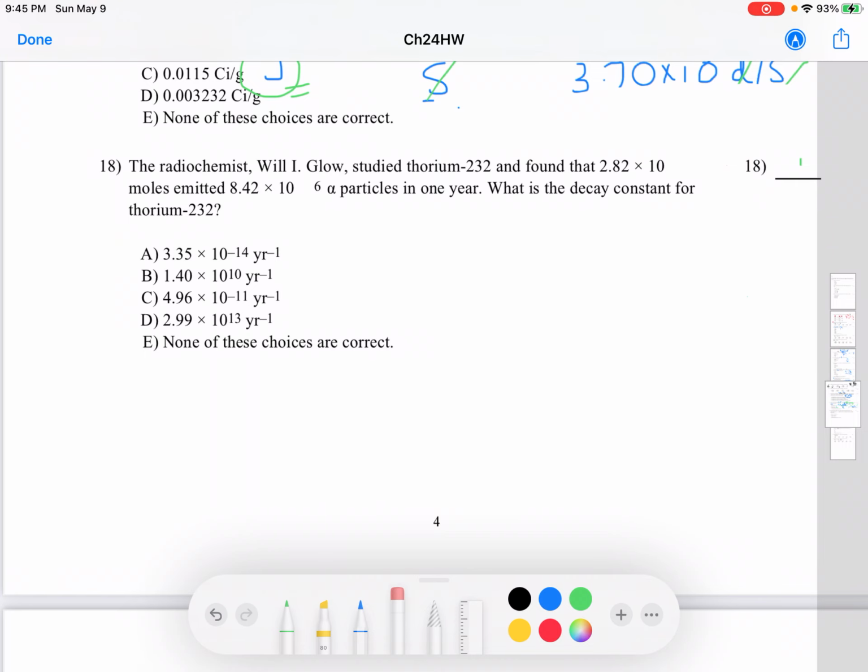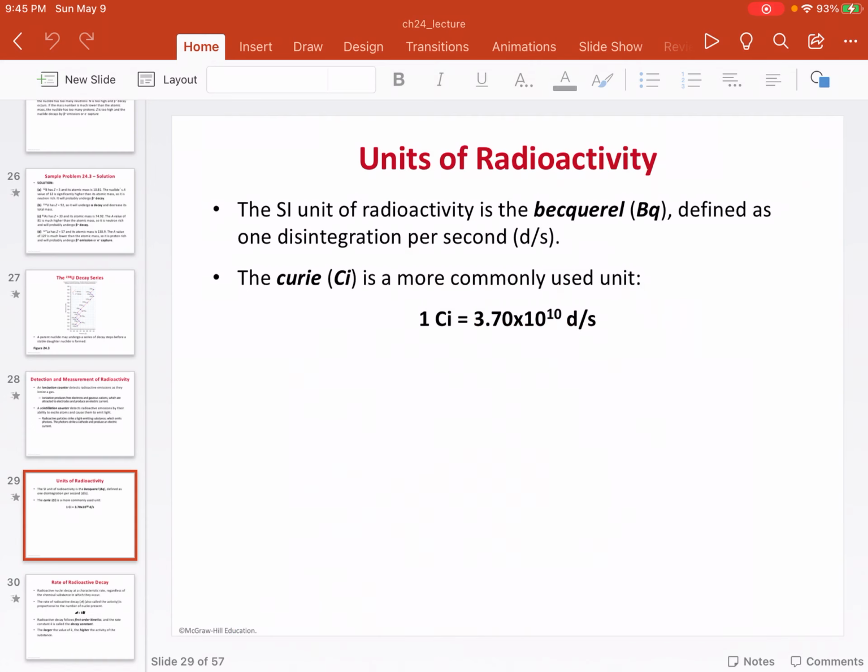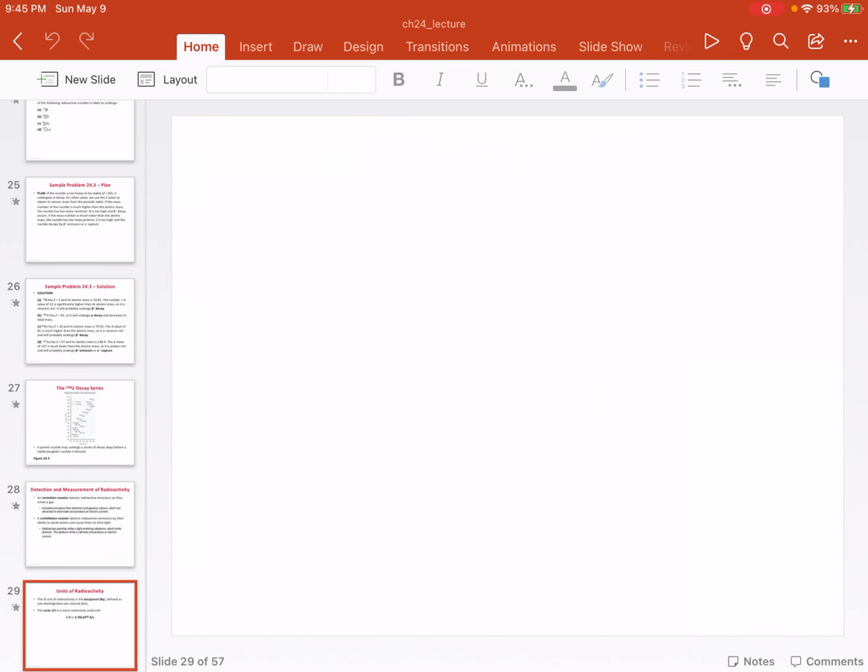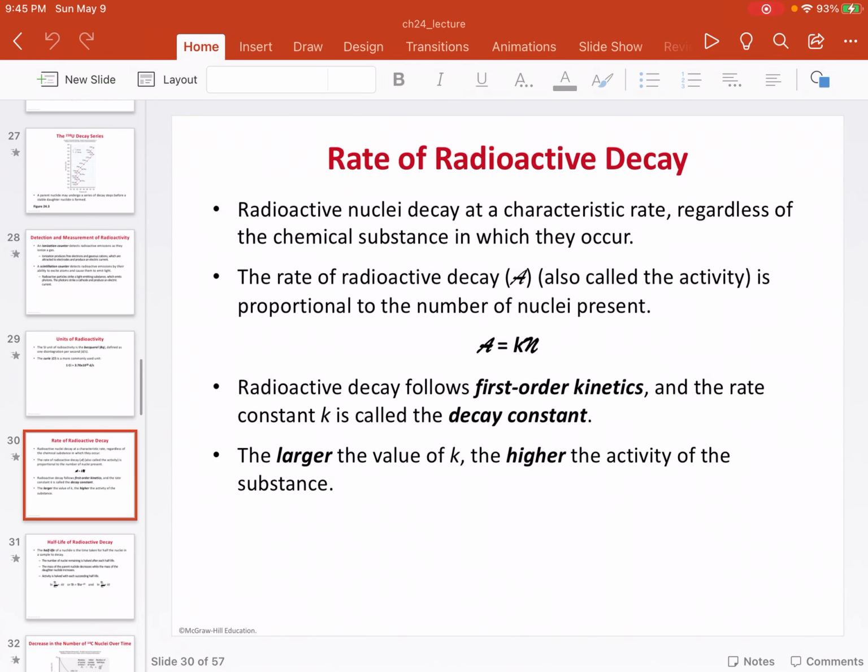Now let's go back to our PowerPoint slides and I'll show you where to find decay constant over here. Rate of radioactive decay. A is called the activity, which is proportional to the number of nuclei present. So N is the number of nuclei and K is the decay constant.